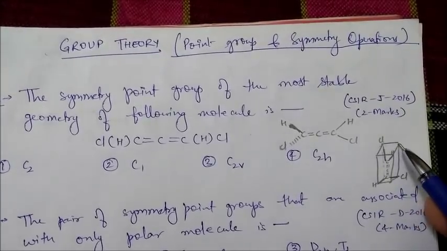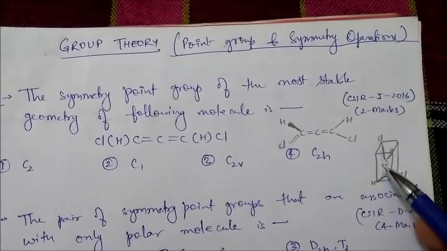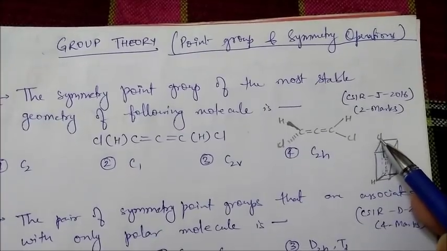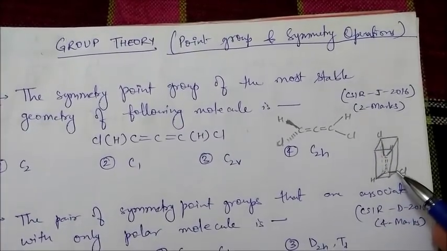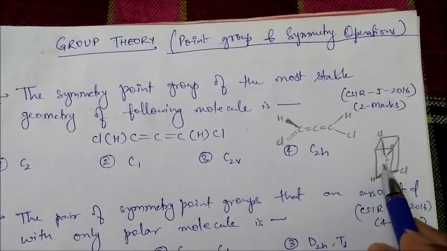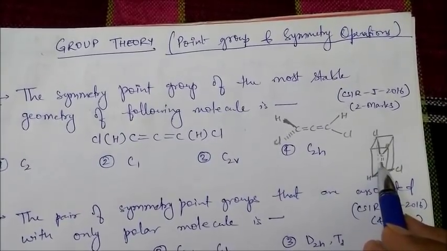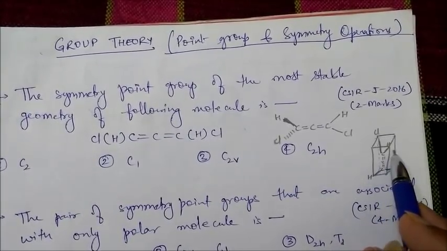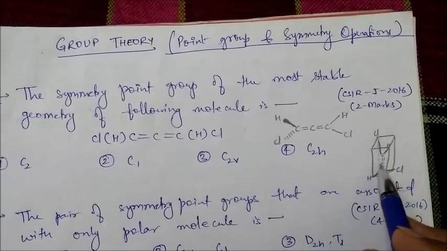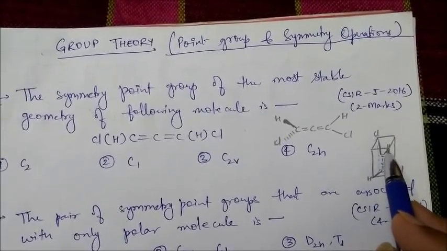One face is the back face of the cuboid, where one chlorine is here and the other chlorine is here. So if I pass an axis from this face to the other face and rotate about that axis by 180 degrees, what will happen?